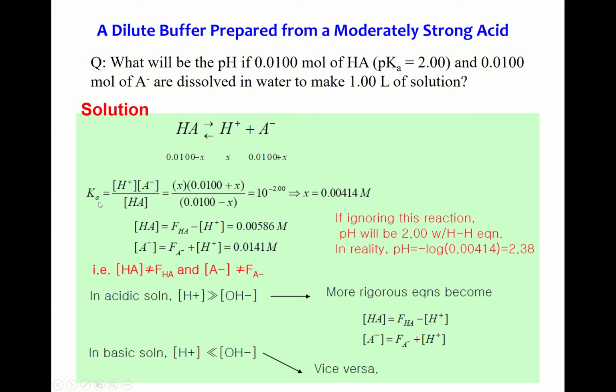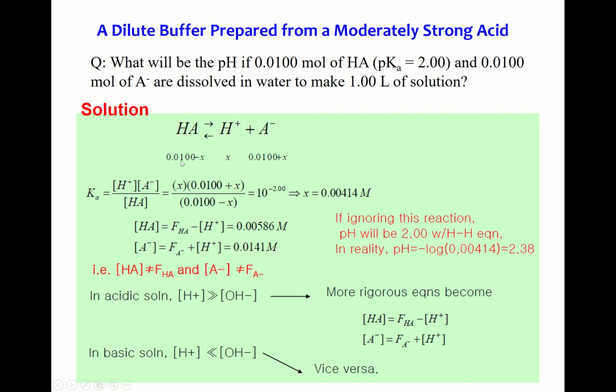So far we assume that the produced proton amount is quite small, much smaller than the initial concentration of HA.